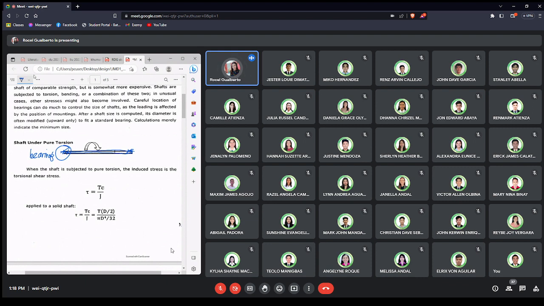If the shaft is under pure torsion, you only have a torque applied. That is how we represent our shaft under pure torsion: you have the torque and the bearing at both ends.